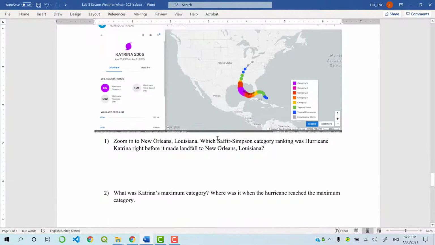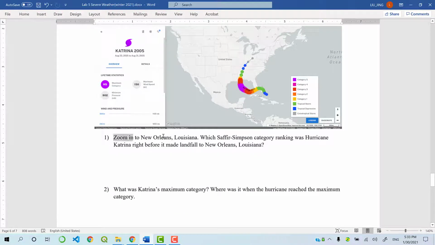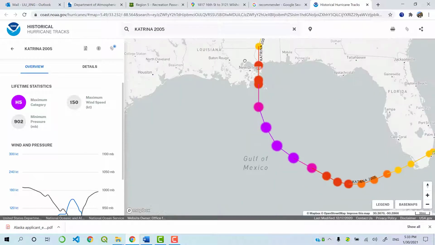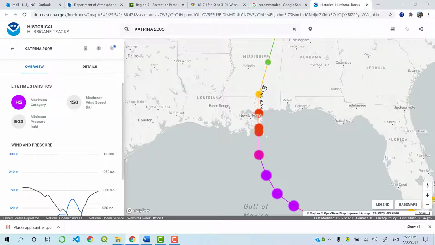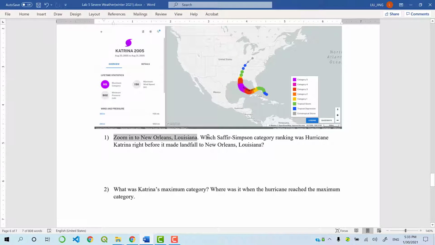I showed you already, and I want you to zoom into New Orleans like this. You can see the bubbles show you the location of the hurricane and the strength. Let's see, what's the category ranking right before it made landfall at New Orleans?